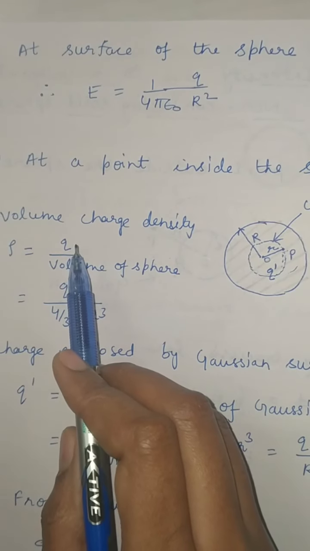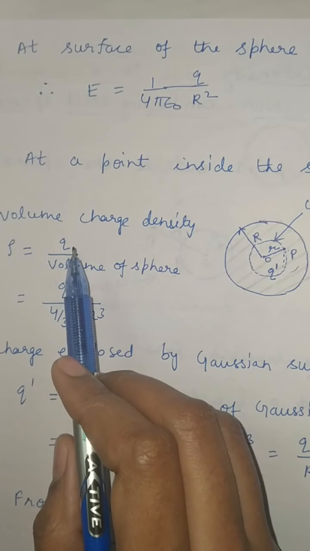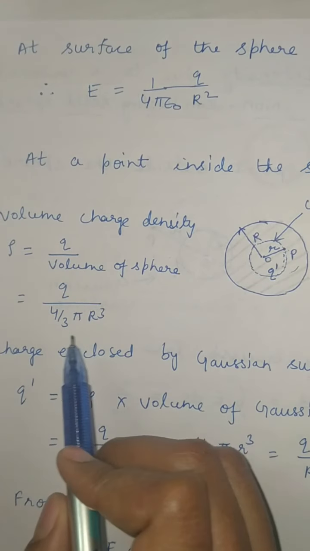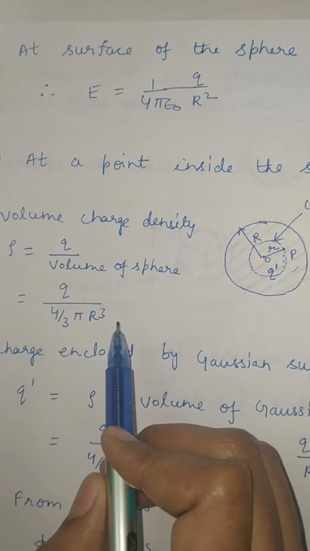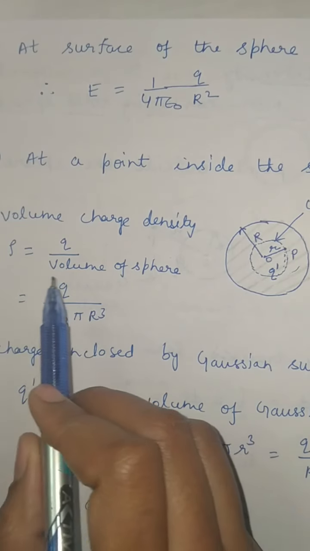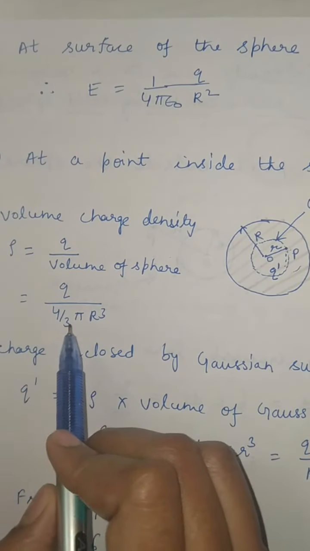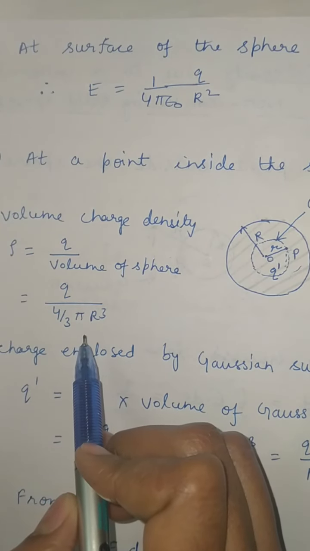So the charge enclosed by this sphere is Q, and the volume of the sphere is 4/3 pi R cube, because capital R is its radius. In this way we can define the volume charge density, meaning the charge per unit volume.